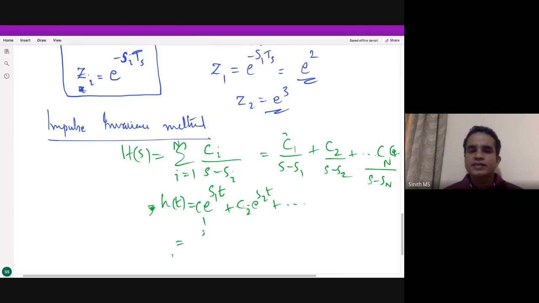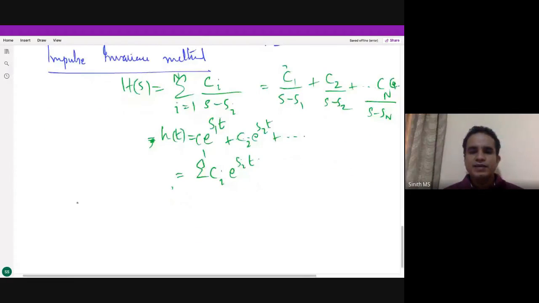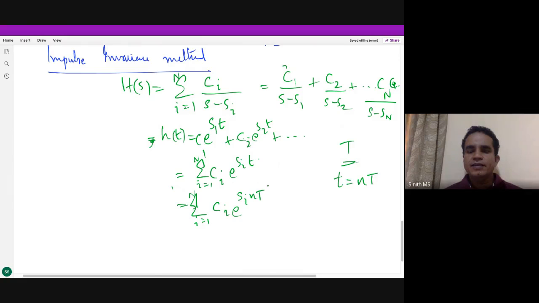So this is basically sigma Ci e raised to si t. If you sample it with a sampling period of capital T, your t will be nT. So this you can write as sigma i equal to 1 to n of Ci e raised to si nT.